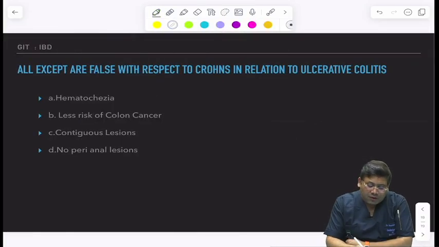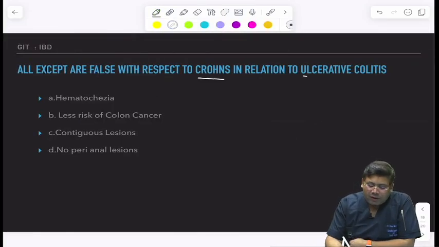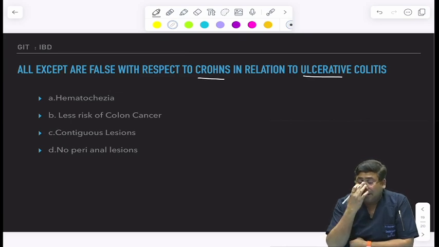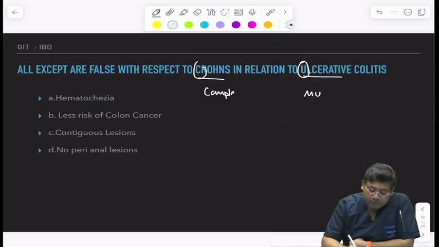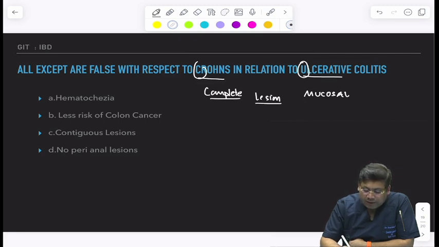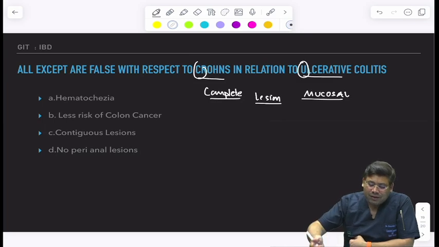Again, a question with respect to Crohn's. Children, Crohn's versus ulcerative colitis is very simple. Ulcerative colitis involves the mucosa. Crohn's is the complete involvement. One very important thing: the lesion is complete transmural in Crohn's, versus mucosal in ulcerative colitis.